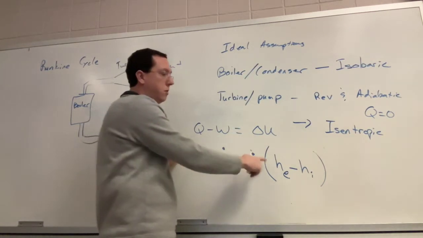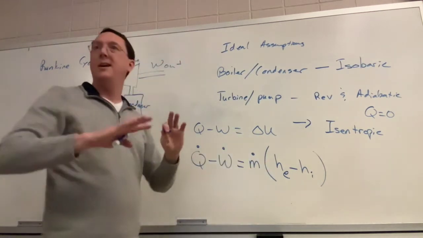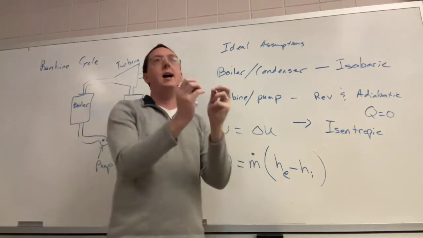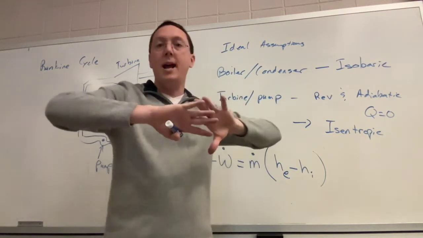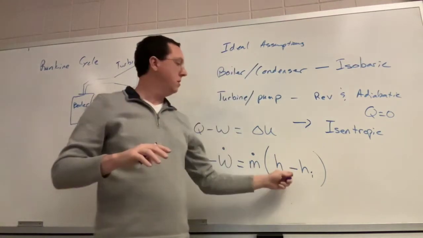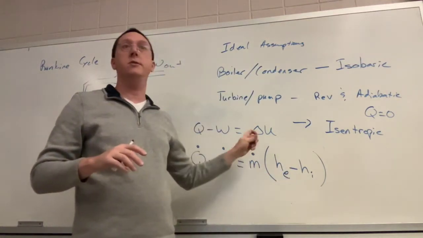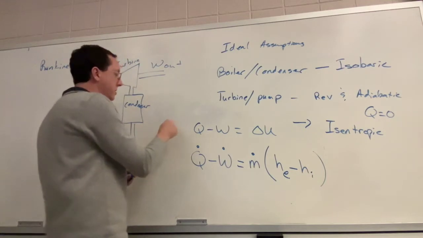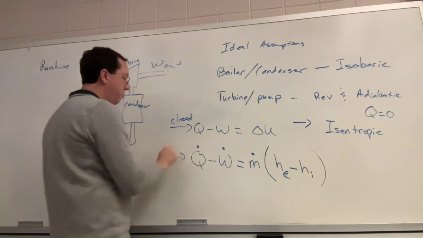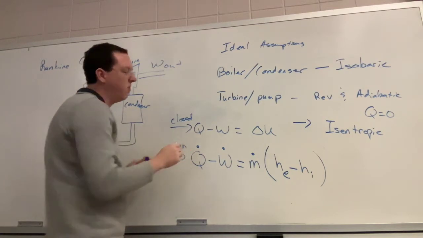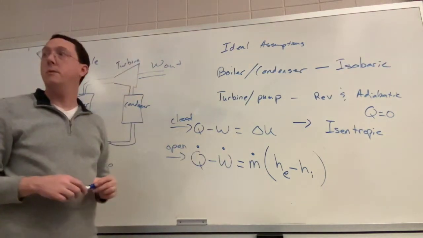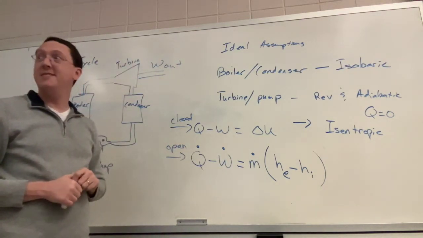When you go from a closed system to an open system, it's not just the energy to have the material, it's the energy to have it and also you have to make room for it because you're pushing stuff in and pulling stuff out all the time. So you're talking about enthalpies, not just internal energies. For closed systems, you would have this. For open or control volume systems, in steady state, but that's all we're talking about here, that's what you'd have.